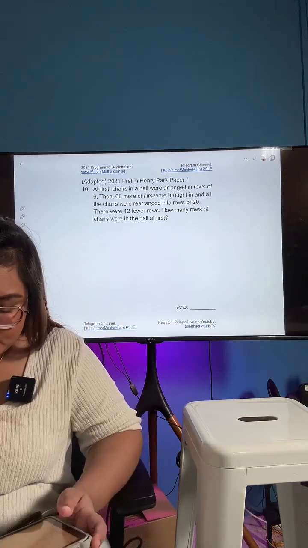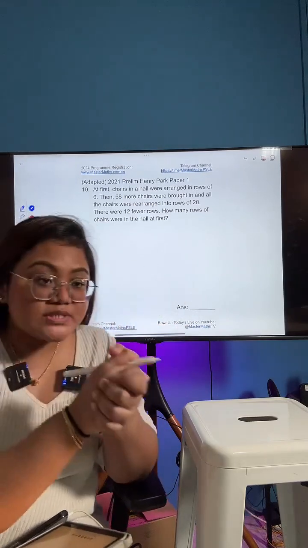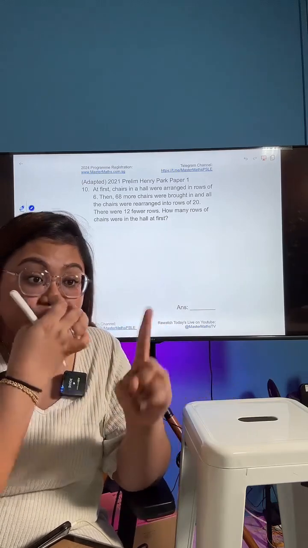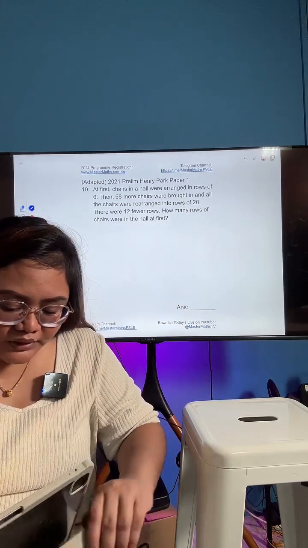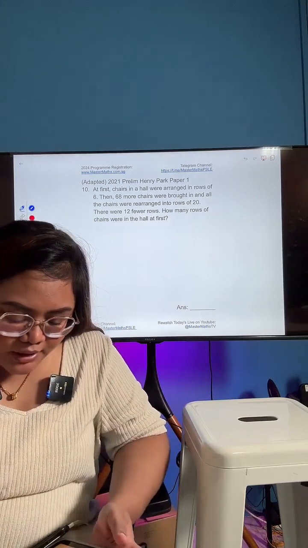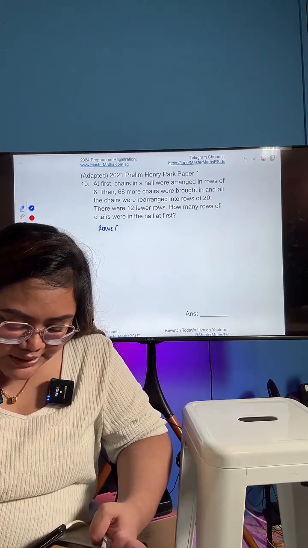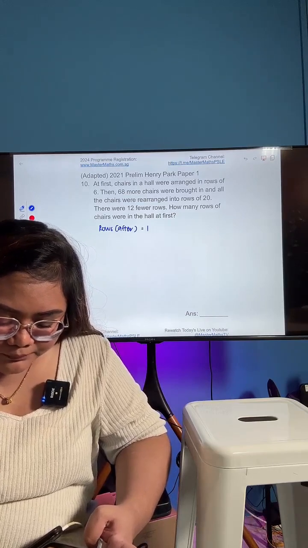Here's what I'm going to do. I mentioned before, if you don't know something, you can call it 1 unit. So let me call the 1 unit to be the rows after. This would be 1 unit.